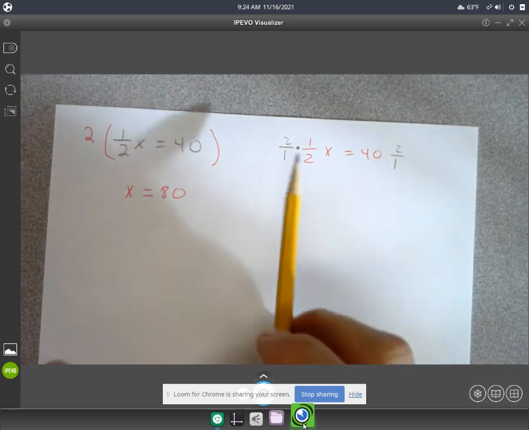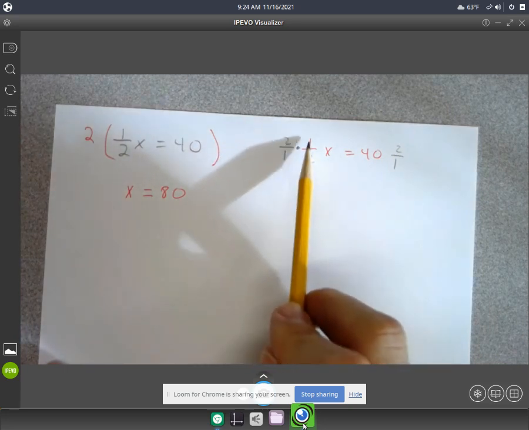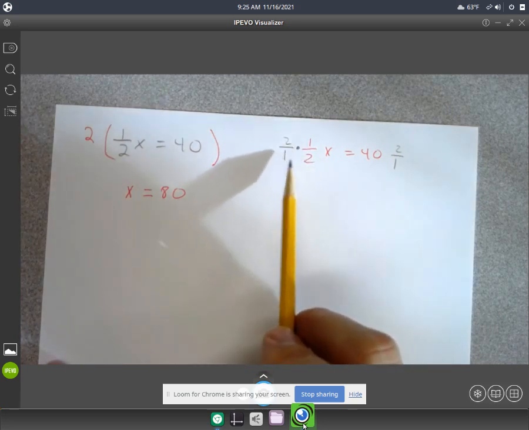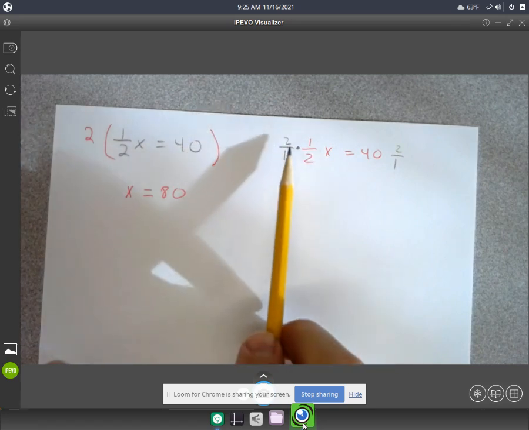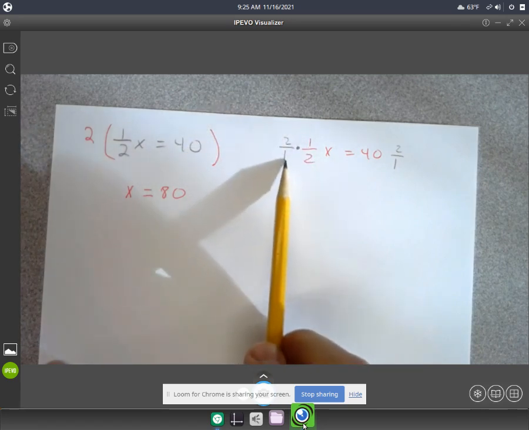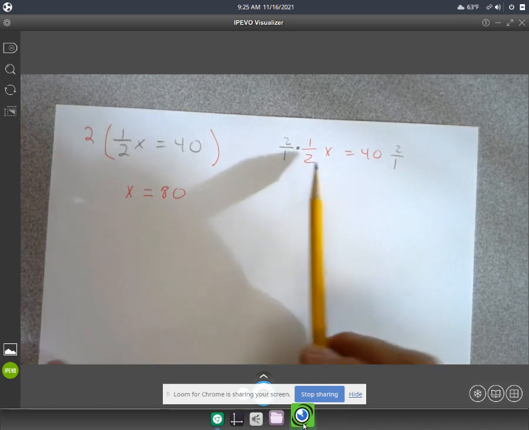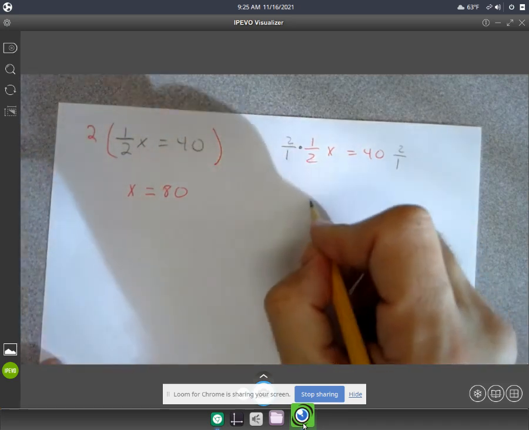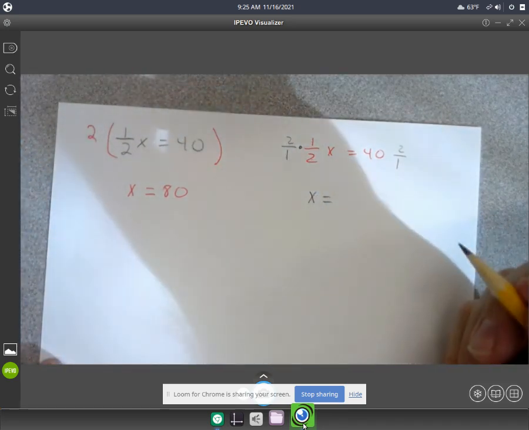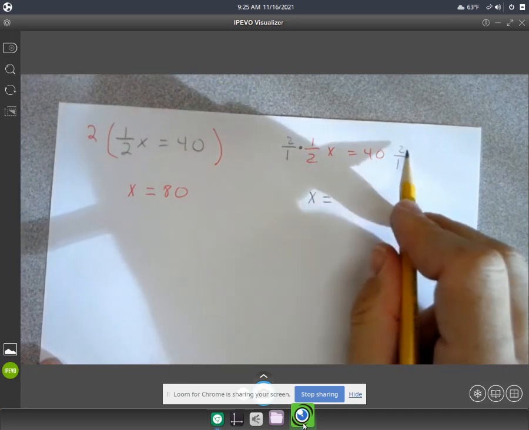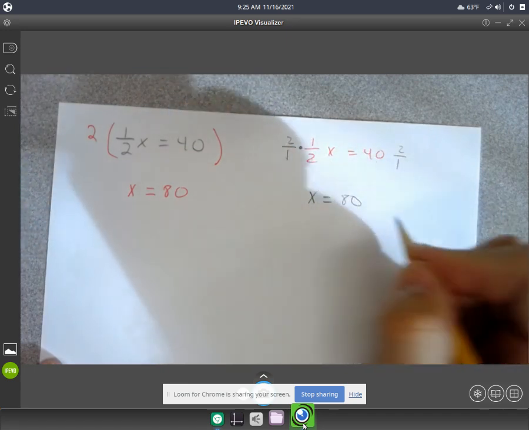And the same thing's going to happen. This 2 over 1 and this 1 over 2 are just going to cancel out. What you end up with is a 2 on top and a 2 on bottom, and so that gives you a 1. All right, that's going to leave you with an x. And then, of course, 40 times 2 over 1 is just 80.